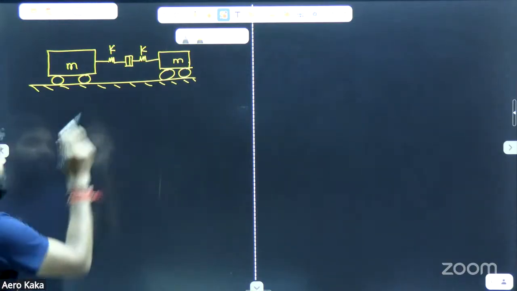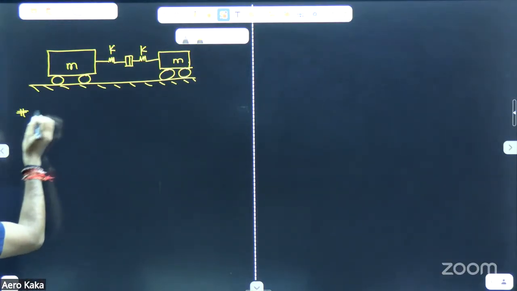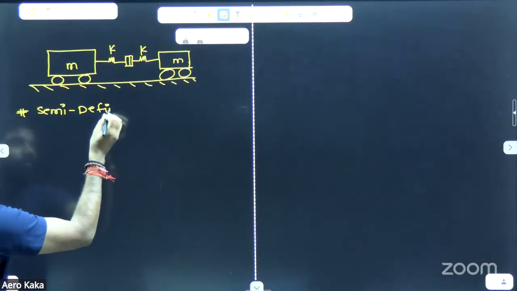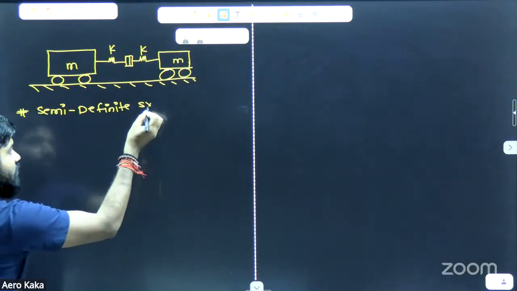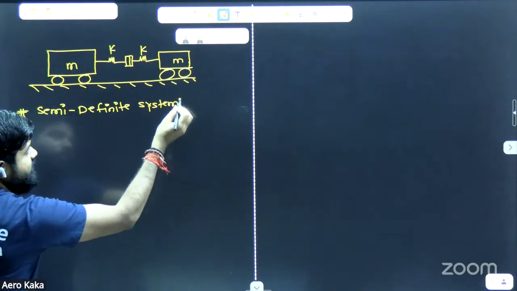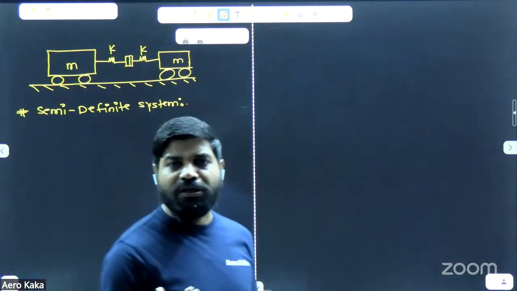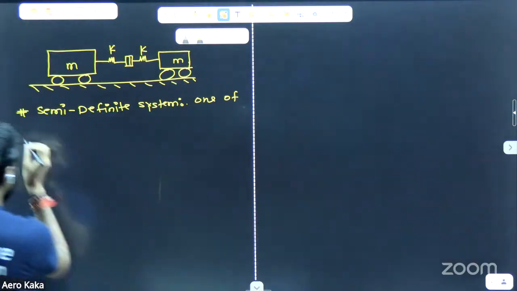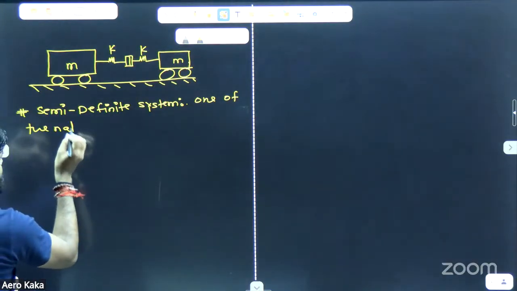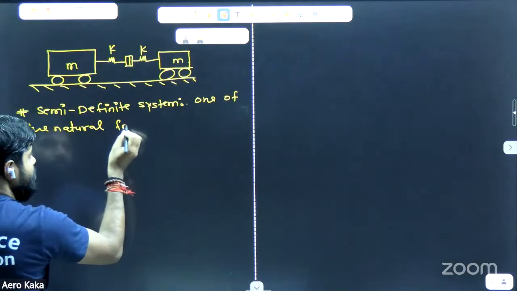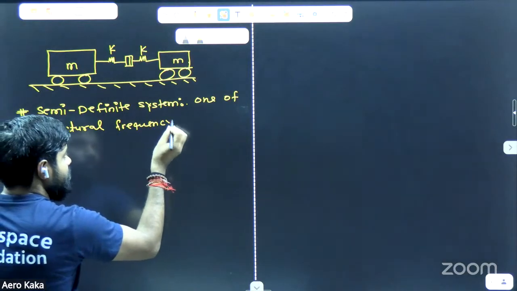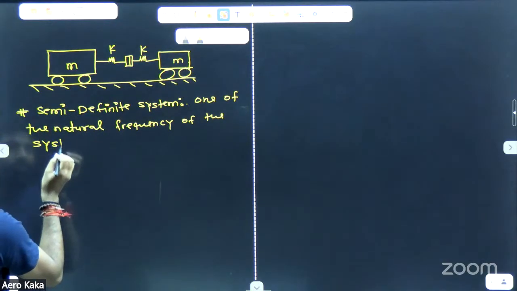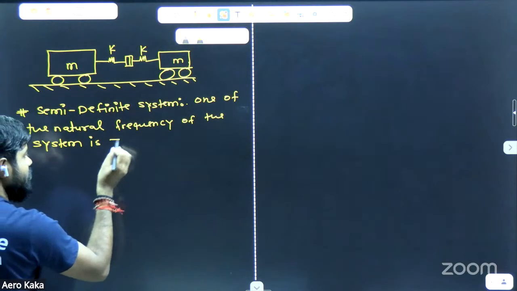So these kinds of systems are known as semi-definite systems. In a semi-definite system, what happens? One of the natural frequencies of the system is zero.